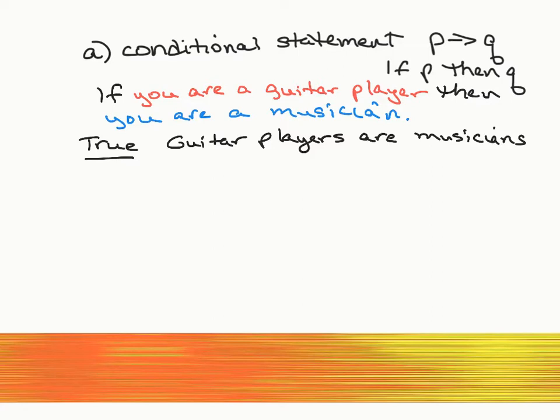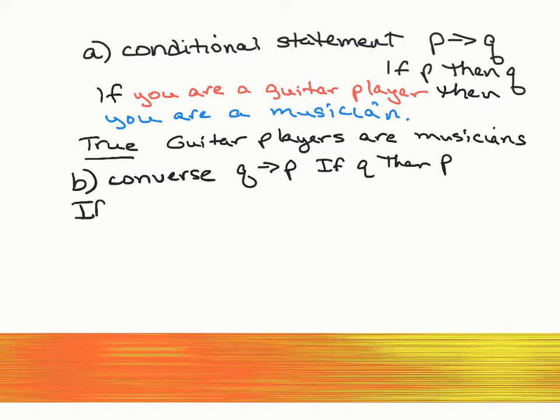Okay, now we're going to do the converse. So remember, the converse is where we flip. So this would be if Q, then P. So my converse is going to be if, and then I'll write in blue, you are a musician.